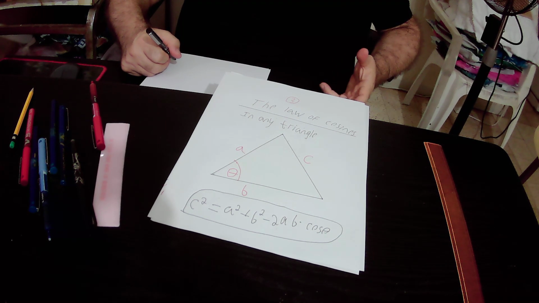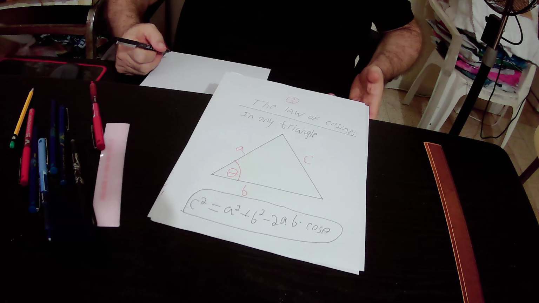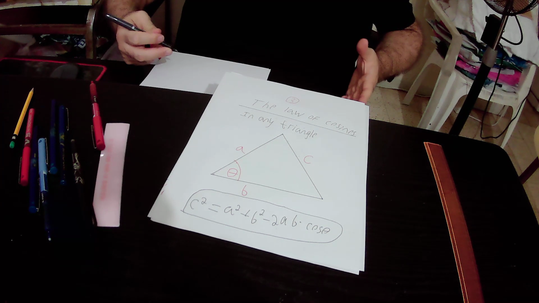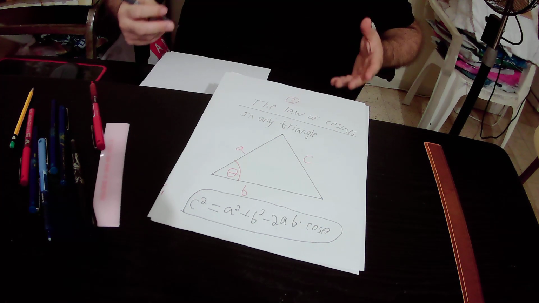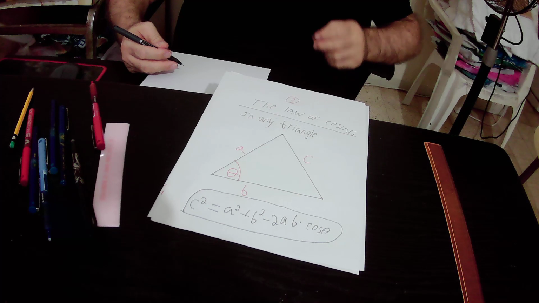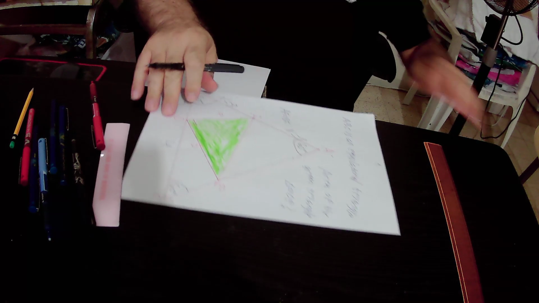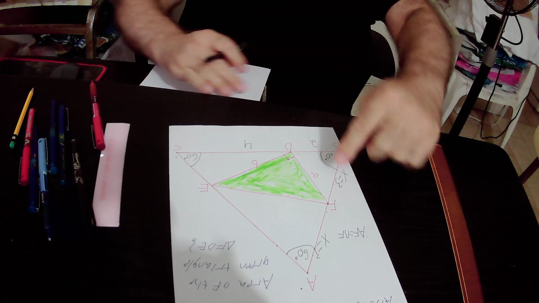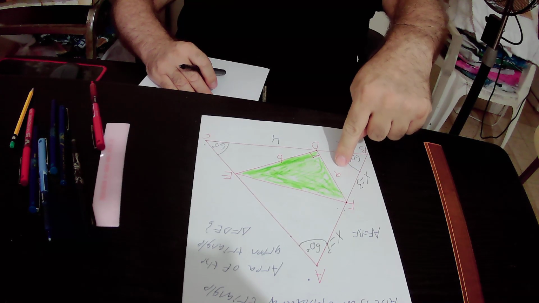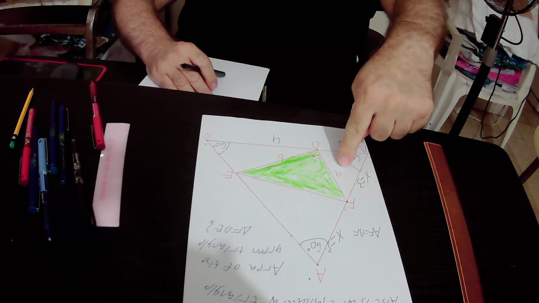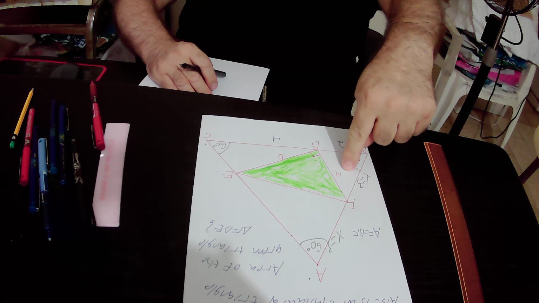Okay, so because the law of cosines is true for any triangle, we can apply the law of cosines in triangle FBD. We can apply the law of cosines in the small triangle FBD.